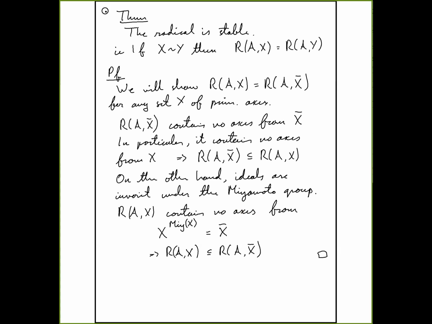Yeah, the argument is that by definition, this doesn't contain any axes from X, and it's invariant under the Miyamoto group. So I act on this by the Miyamoto group, and I just get the ideal, and I act on X by the Miyamoto group, and I get X bar. Thank you.